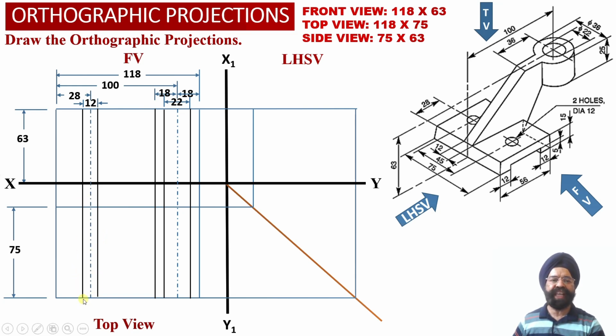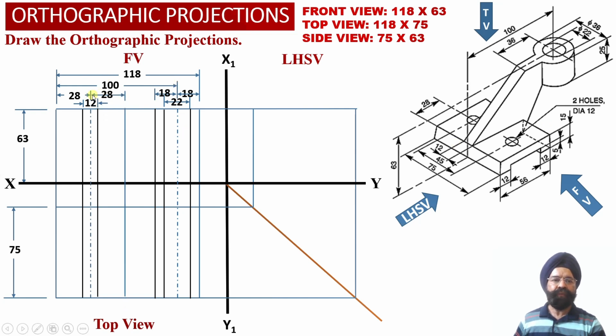Now next, this distance is also equal to 28 millimeter, because we can check the total distance is 56. So the center distance from the left hand side face is 28, and the center distance to the right hand side face of this horizontal web will also be equal to 28 millimeter.